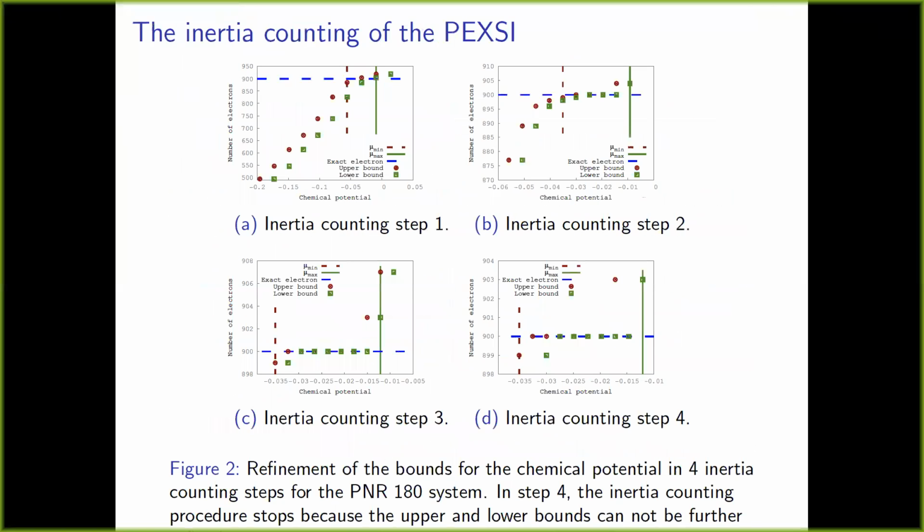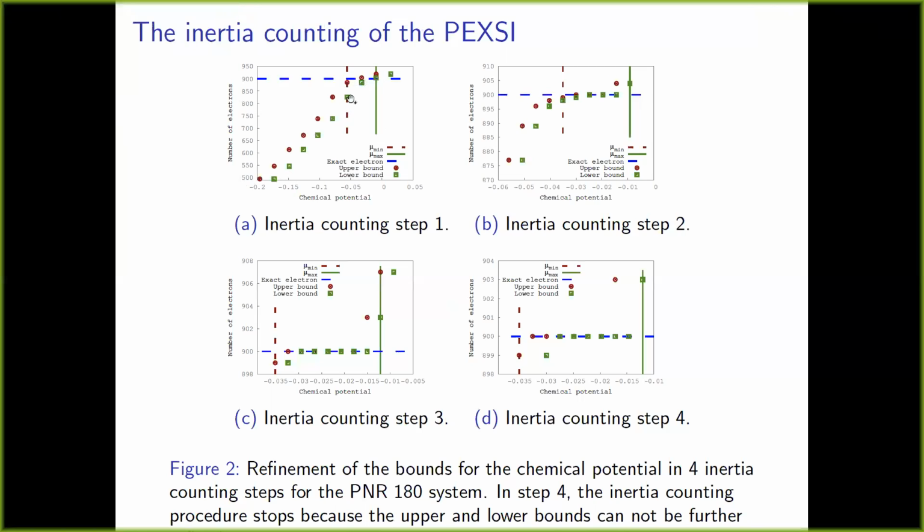And this figure shows the inertia counting steps of the PEXSI. First, we have a very big mu min mu max range, and then for each mu, we will calculate the lower and upper bound of mu min mu max. We will select the part where the count at mu max is lower than the exact number of electrons, and at mu min is bigger than the number of electrons.